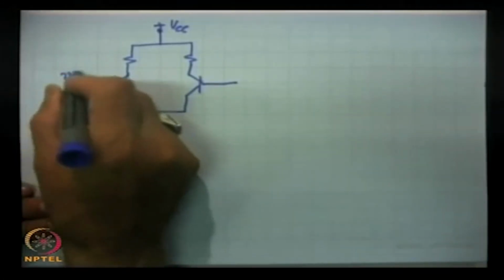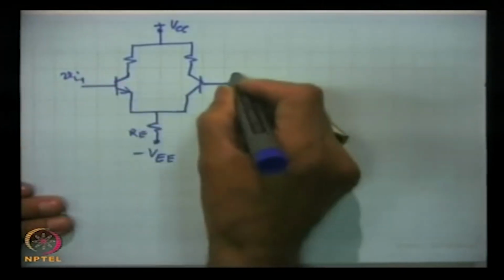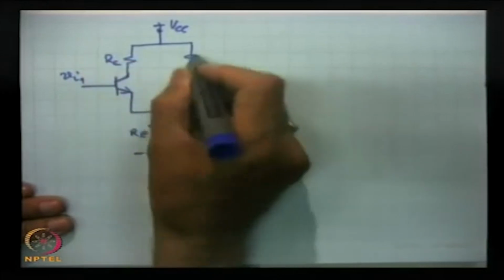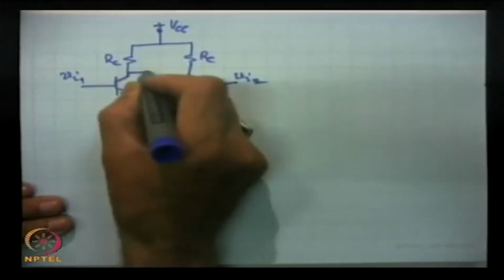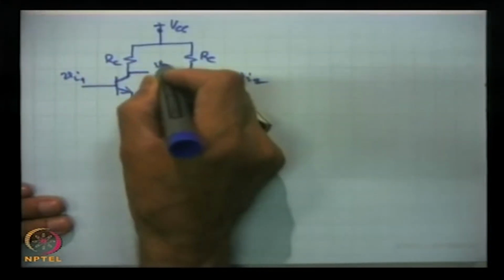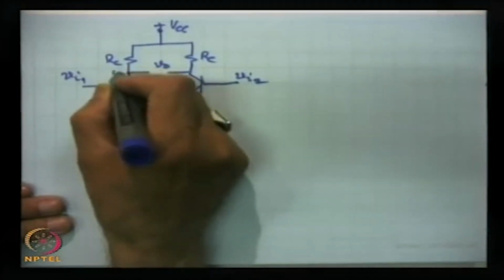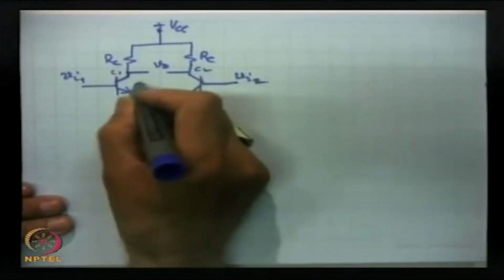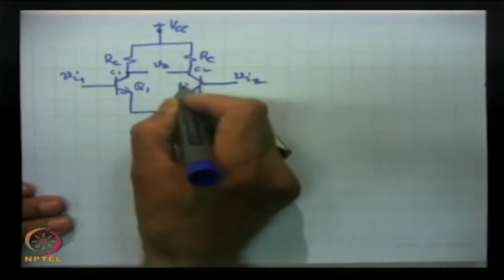This was VI1, VI2, RC, RC, and this is V out, C1, C2, Q1 and Q2.